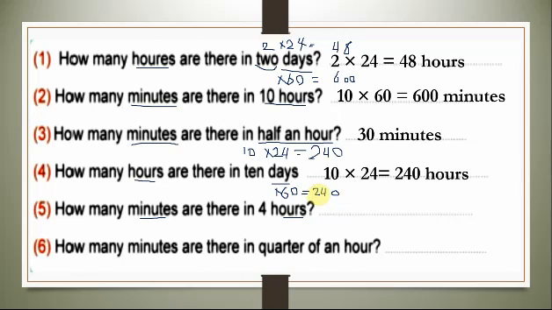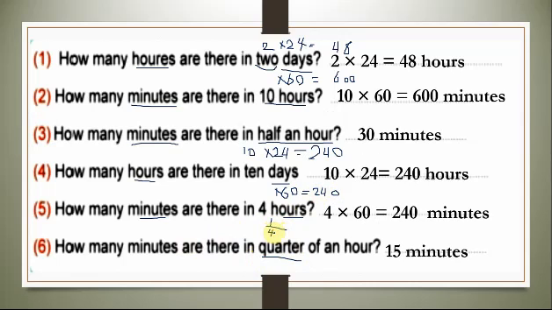So how many minutes are there in 4 hours? It's 240 minutes. How many minutes are there in a quarter of an hour? We said it. It's 15 minutes.